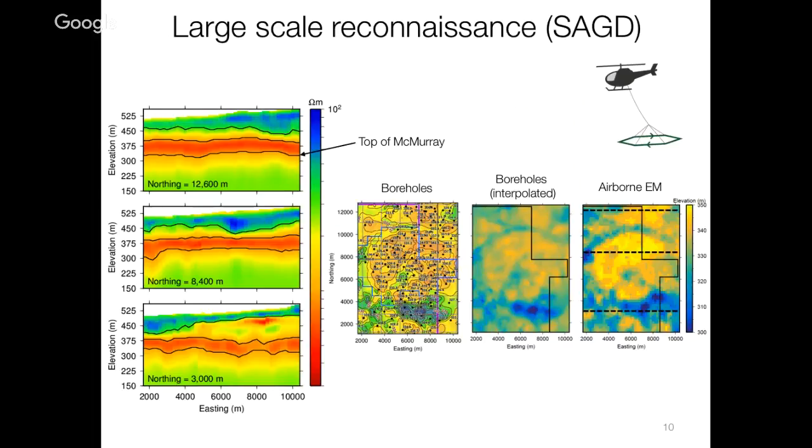Contrast that with what the hydrocarbon industry has done, which is namely to drill a whole bunch of wells. So each of these is a well that takes you down through to estimate what the top is, and that information is extracted and put onto this image here. So that's from the borehole data and interpolated.